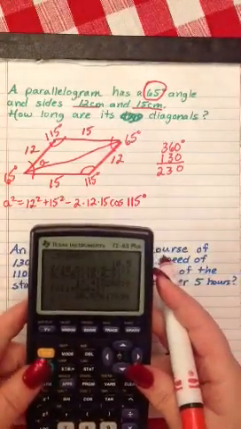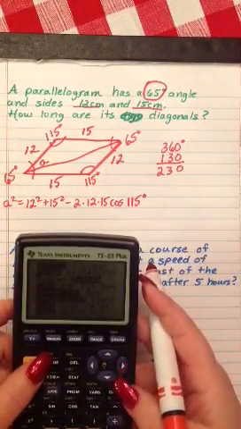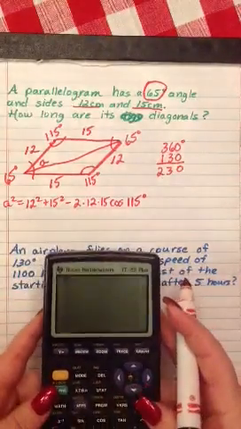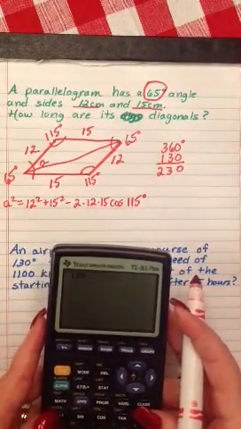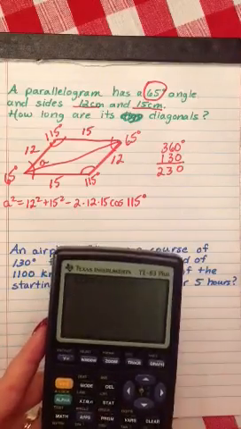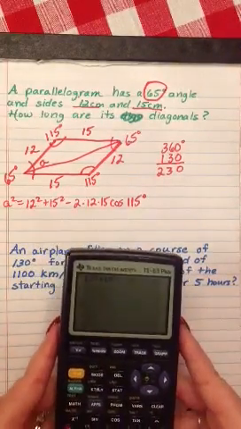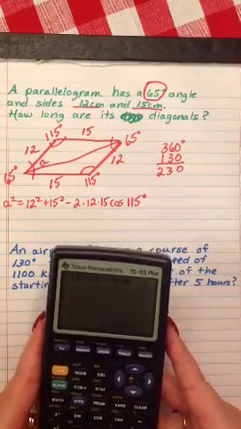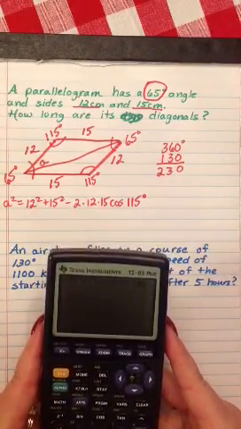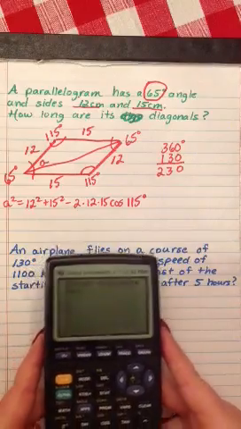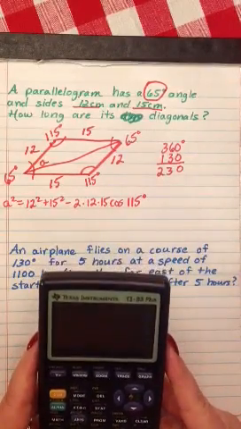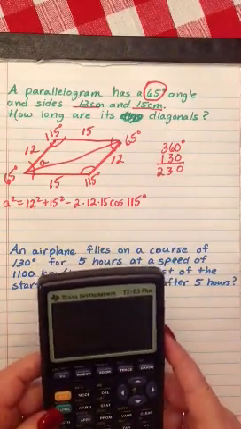So I turn my calculator on. I need to make sure my calculator is in degree mode still, and then I'm just going to go ahead and type that in. So I have 12 squared, plus 15 squared minus 2 times 12 times 15 times the cosine of 115 degrees. Make sure I typed all that in correctly.